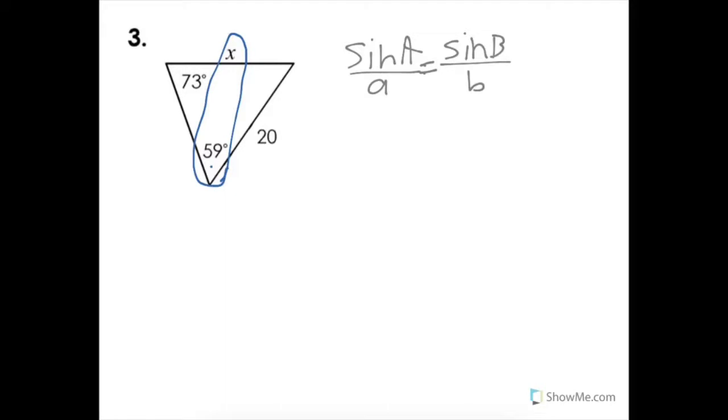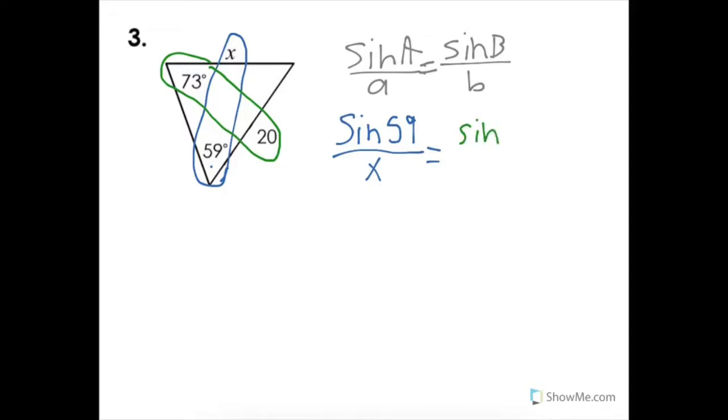That's going to give you 1 fraction. 73 across from 20 gives you the other fraction. So let's plug in. So remember, the angle goes with the sine on top. So sine of 59 over the side that it's across from, x, is equal to the sine of 73 over 20, the side that it's across from.